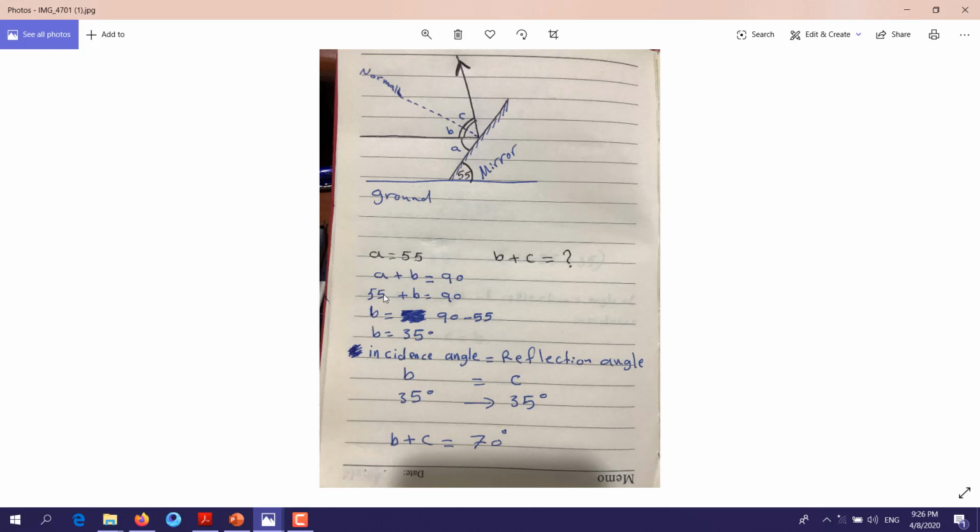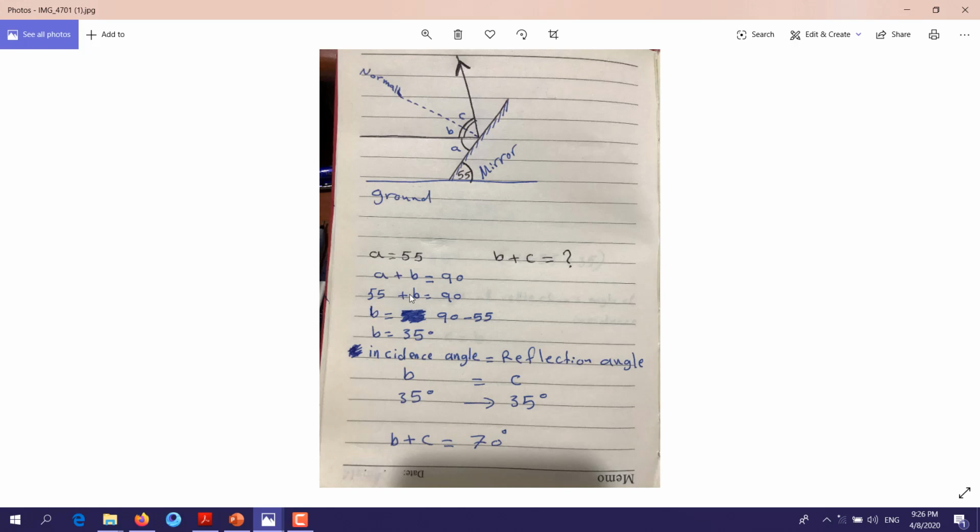As we know, A is 55. So A plus B equals 90. We replace A with 55: 55 plus angle B equals 90.